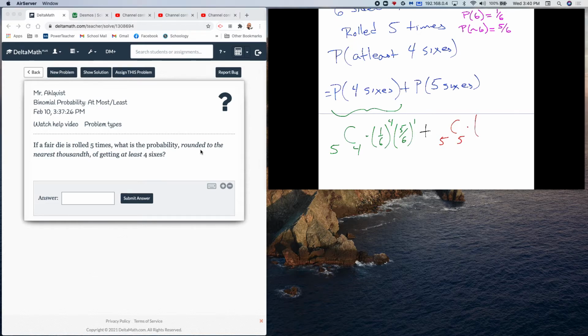So we're going to get 1/6 to the 5th, but now we don't get any of the other numbers, and that's going to be to the 0 power. And when we do this, we should come up with our probability.